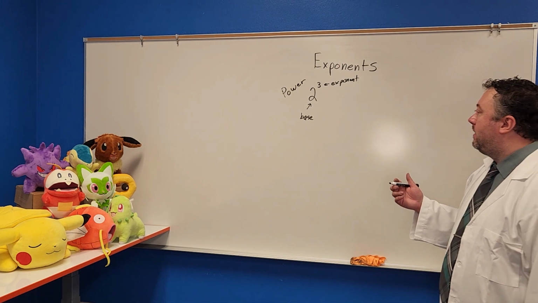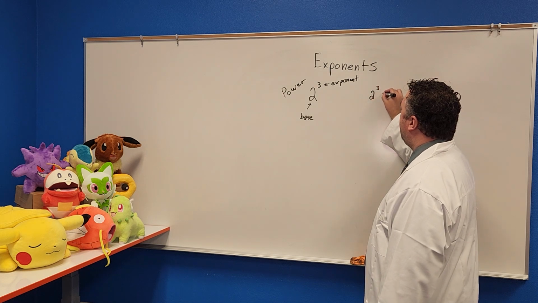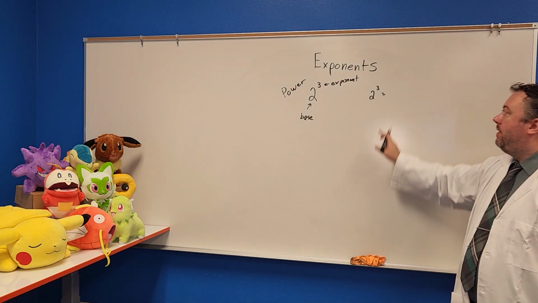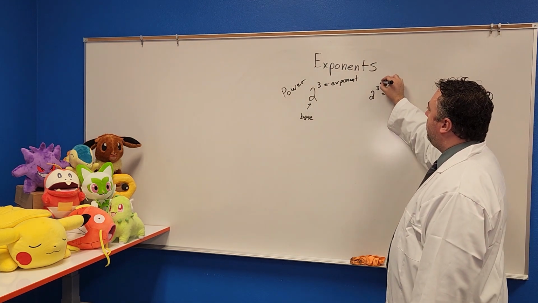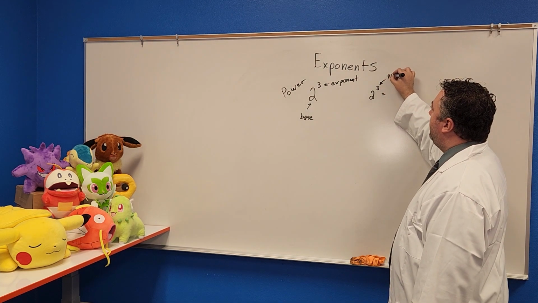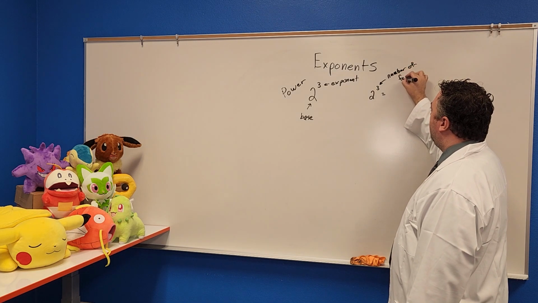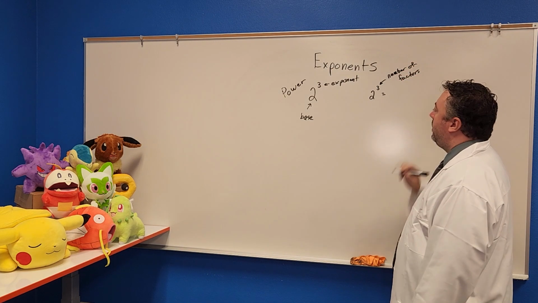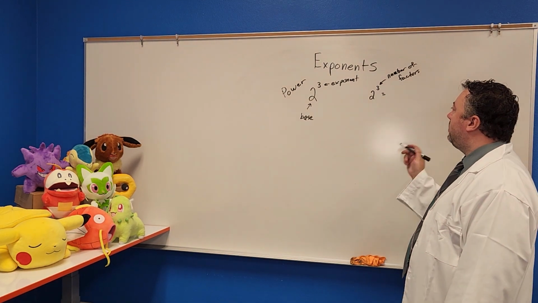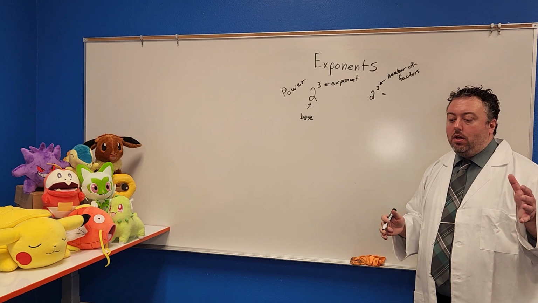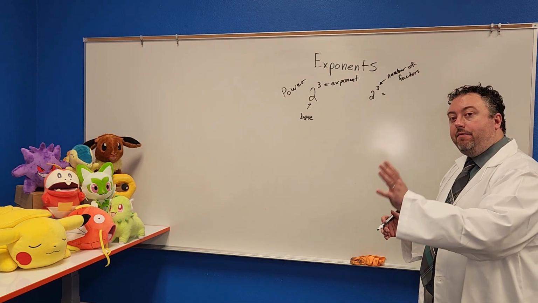Now, what exactly does it mean? This exponent represents the number of factors used in repeated multiplication. We are talking about taking the same number and multiplying it in a repeated fashion.